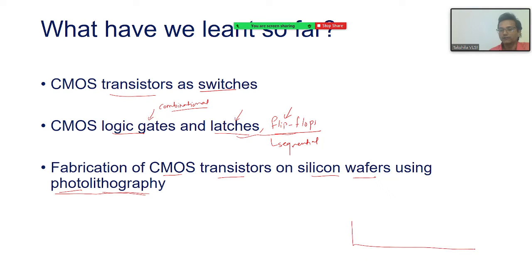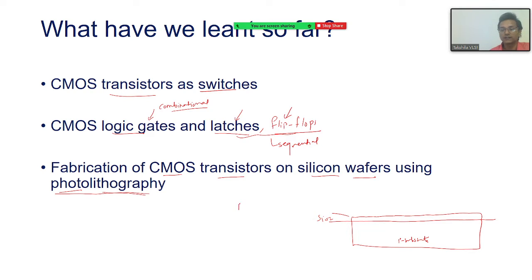I briefly explained that we had this silicon substrate, that is a P substrate, and then we have this silicon dioxide, SiO2, and we want to fabricate the transistors here. Many layers are there.